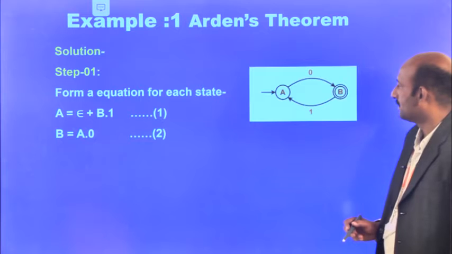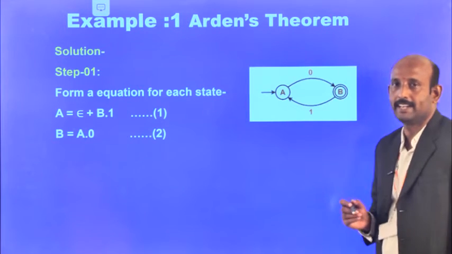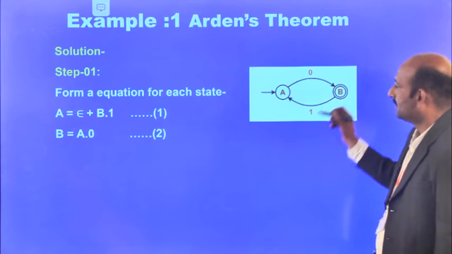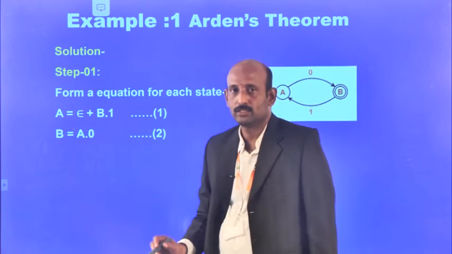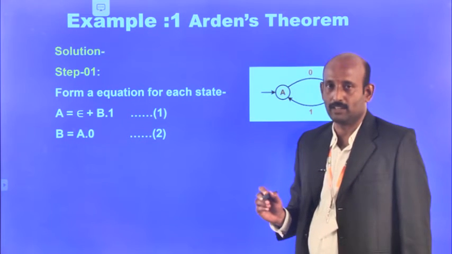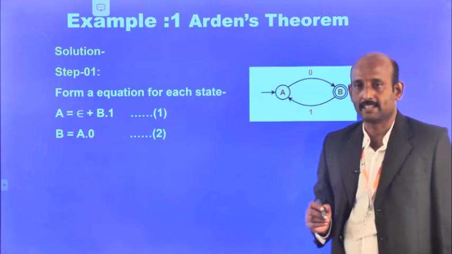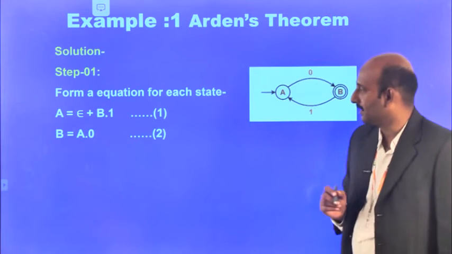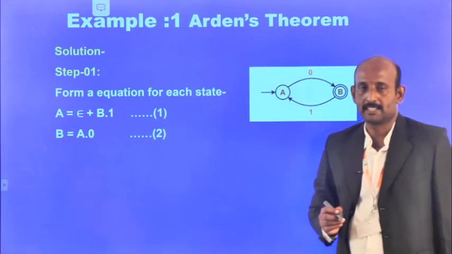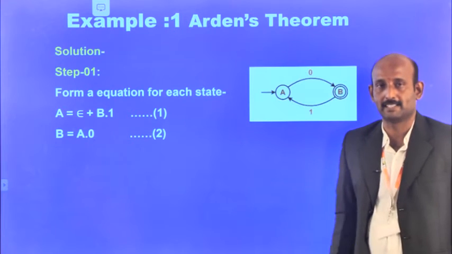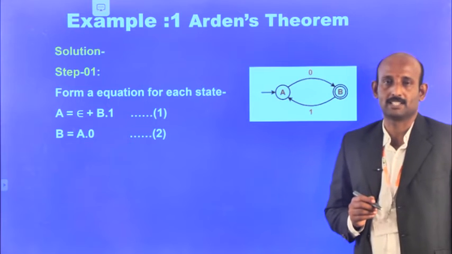Similarly, we take state B. State B is not an initial state, so we should not add any epsilon, because B is a final or accepting state, or it may be an intermediate state. Even if it is an intermediate state, we should not add any epsilon transition.